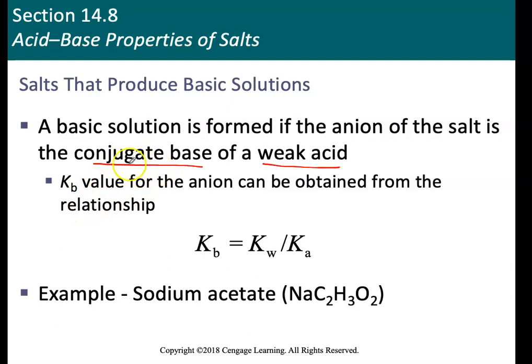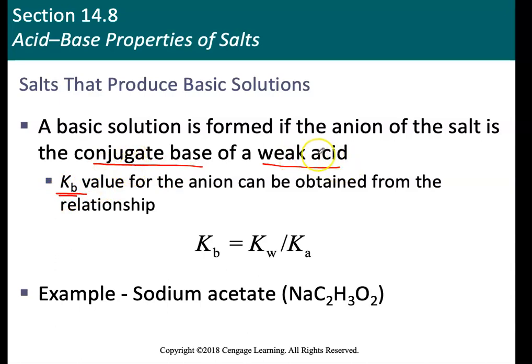But let's look at a conjugate base. When you have a conjugate base formed, it is going to behave like a base. So what does a base do? It will attack water and form the conjugate acid and its conjugate base pair. So here you will have to look at the Kb value.